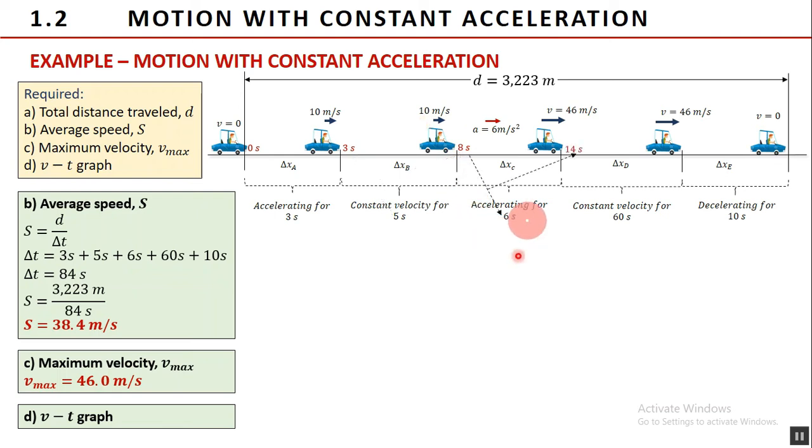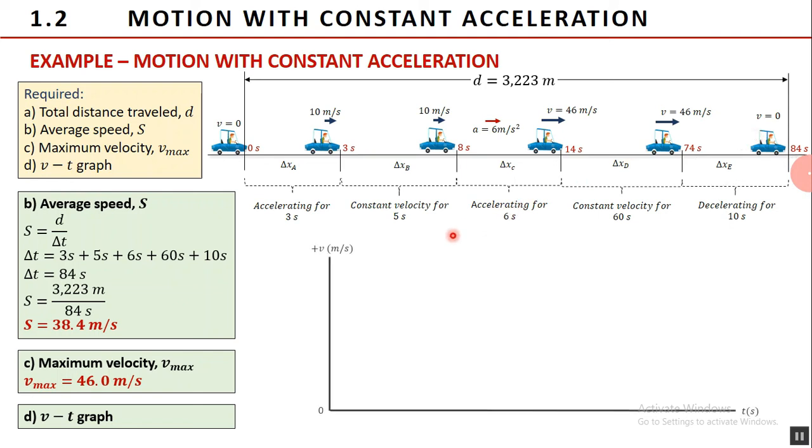Plus 6 seconds later, so 14 seconds later, its velocity is 46 meters per second. Then at an additional time of 60 seconds, therefore 74 seconds later, the velocity is still constant at 46 meters per second. Lastly, a 10-second additional time, or 84 seconds later, the car has stopped, so the velocity is 0.